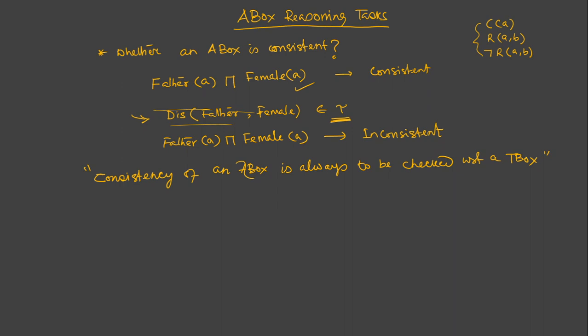Now, as we have designated an interpretation I to be the model of a T box, we can also define an interpretation to be a model of an A box, right?